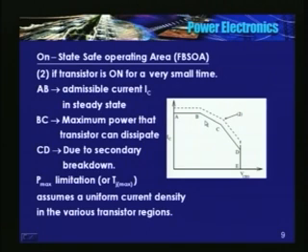BC is the maximum power that the device can dissipate. It assumes a uniform current density in the various transistor regions. So the BC limit assumes a uniform current density throughout. Let me tell you one thing, it's just not possible to achieve this. Transistor is a minority carrier device.